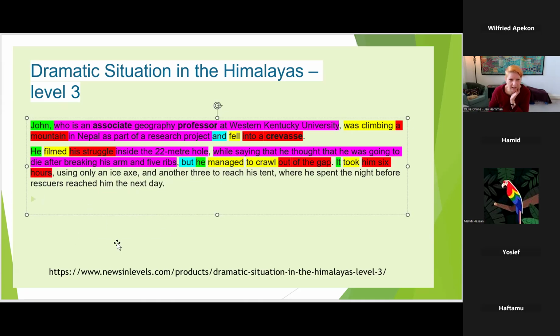All right. How about "using only an ice axe"? What is that describing? How? Yes.